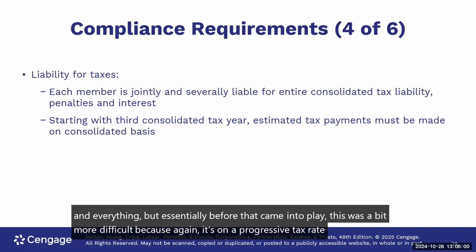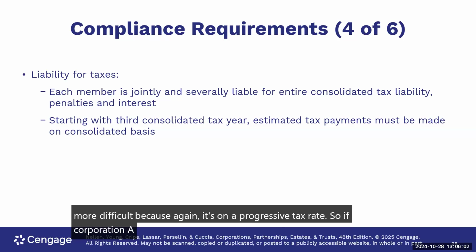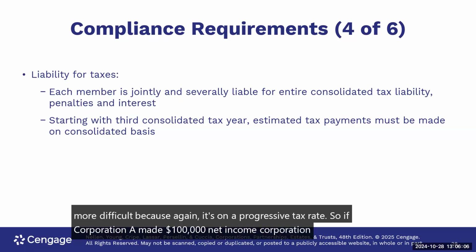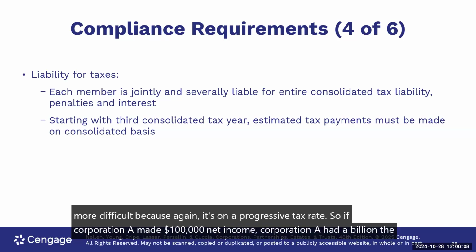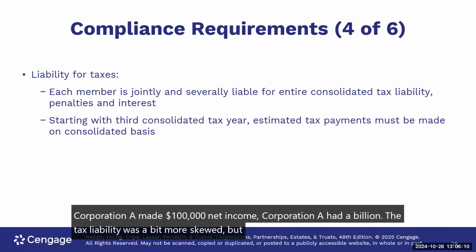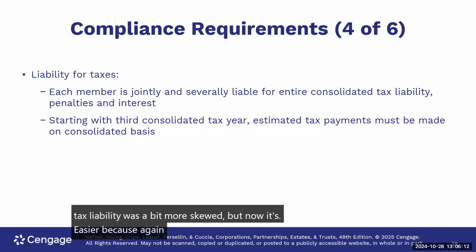So if Corporation A made $100,000 net income and Corporation B had $1 billion, the tax liability was a bit more skewed. But now it's easier because everyone is at a flat 21%.